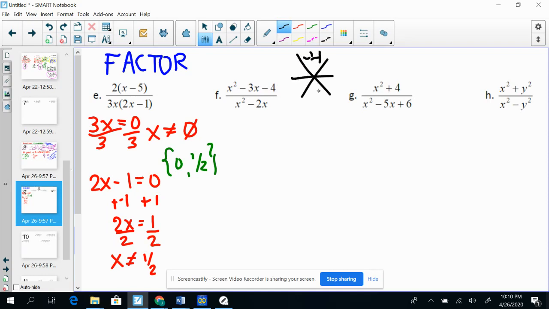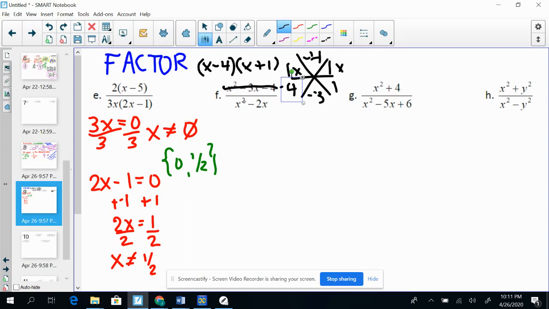So you have a negative 4, your B value is a negative 3, you have 1x and 1x. Is there anything that I can multiply together to get 4 that will give me a 3, and I need a negative 4 and a negative 3? So how about a 4 and a 1, because 4 times 1 gives me 4, and 4 minus 1 gives me 3. I need that 3 to be negative, so it's going to be a negative 4. So that means we're going to have x minus 4 and x plus 1, and that's taking care of that guy. So he's gone. Now that's the upstairs.